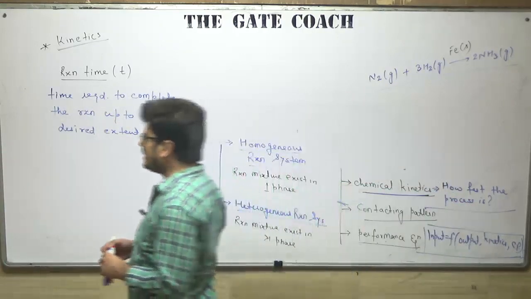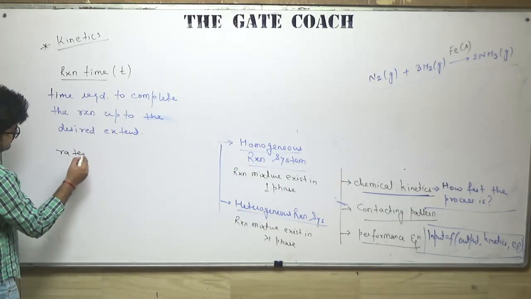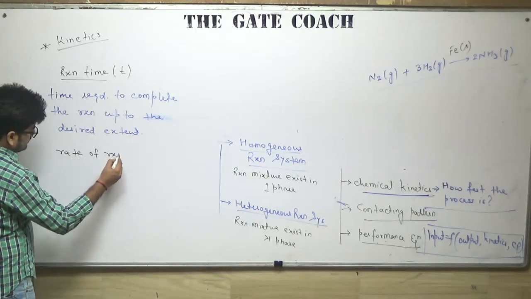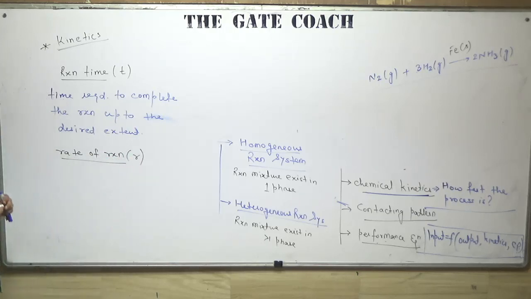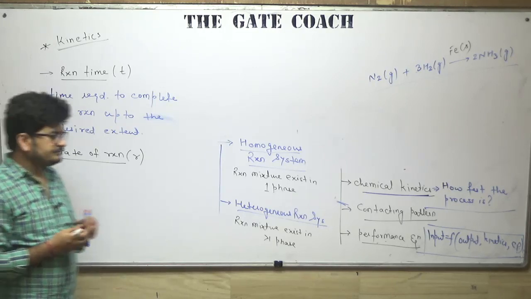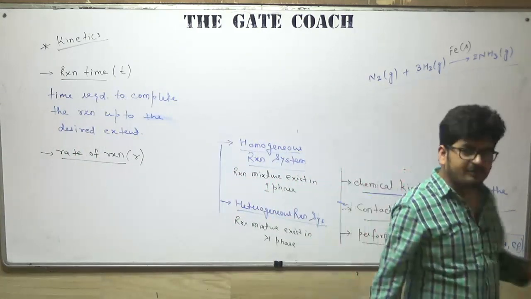Next point will be the rate of reaction, which is denoted by small r. And rate of reaction we can define in n number of ways.